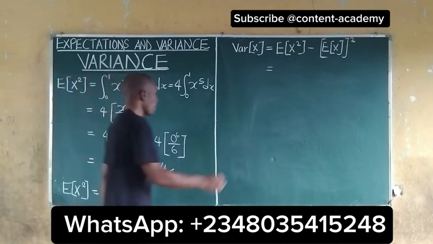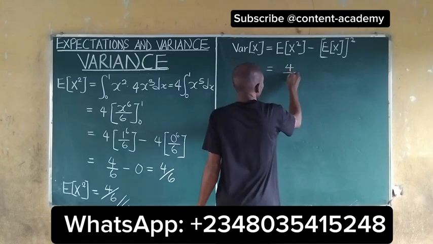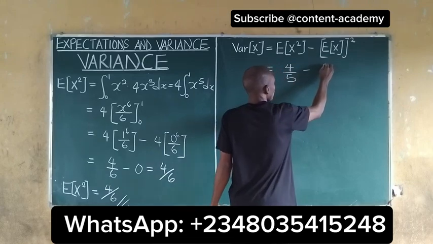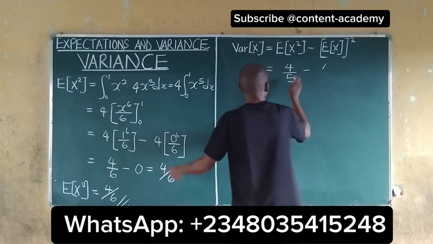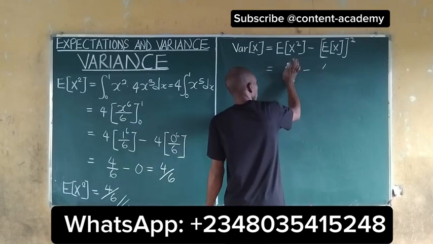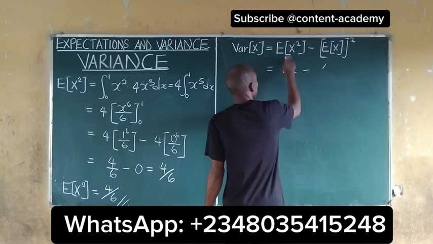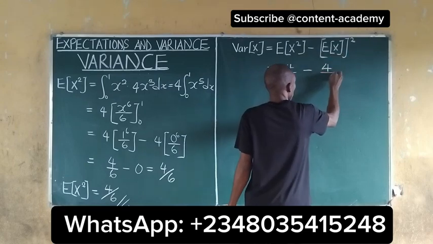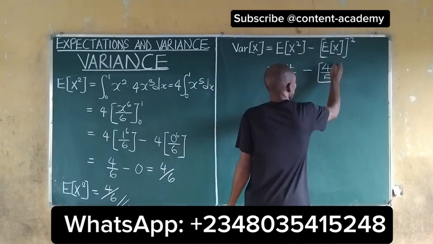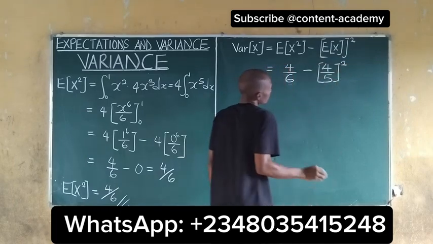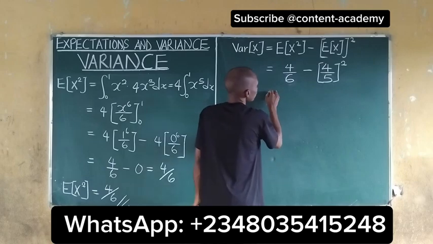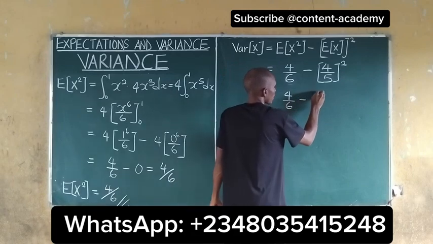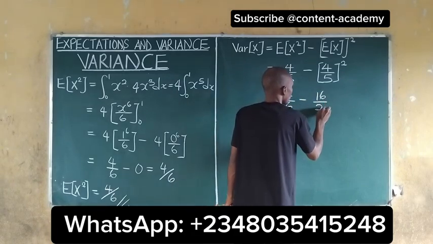We got 4 all over 6. And expectation of x to be 4 all over 5. We now put our bracket sign, which is the same thing as 4 all over 6 minus 16 all over 25.